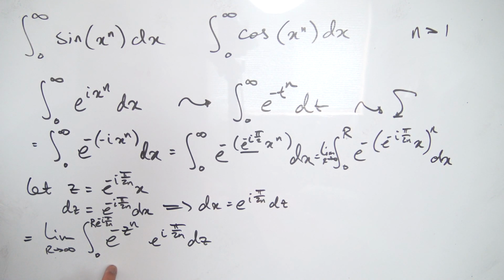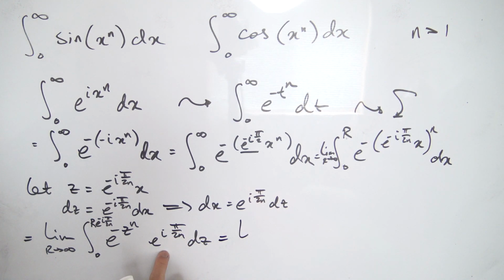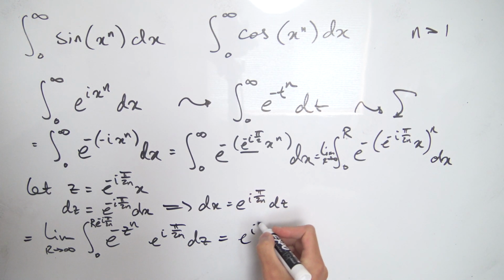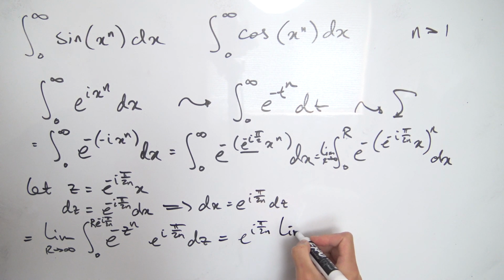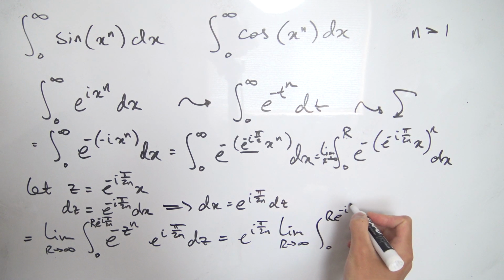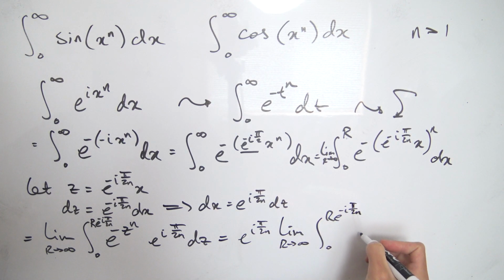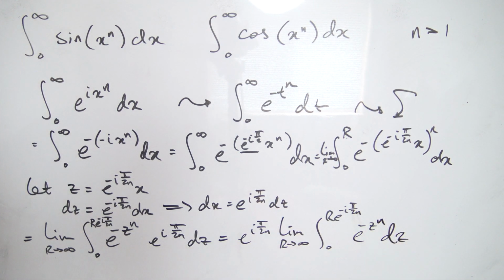So this is what we have right now. We're just going to keep this limit. Actually, let's bring this constant out to the front. So we have e to the i pi over 2n, and then the limit as r approaches infinity of the integral from 0 to r e to the minus i pi over 2n times e to the minus z to the n dz.